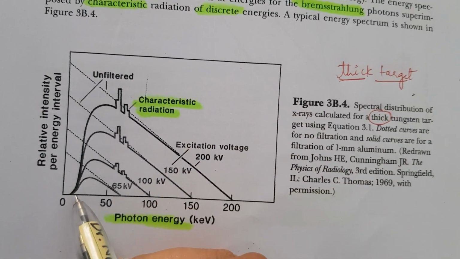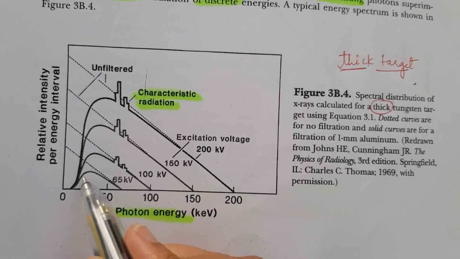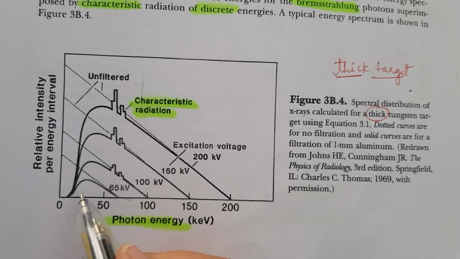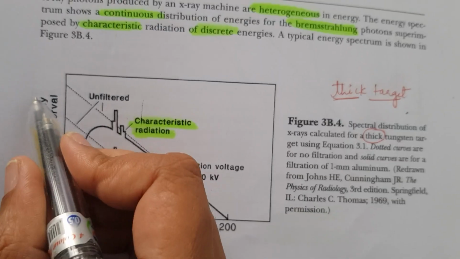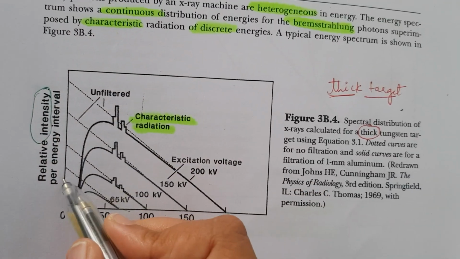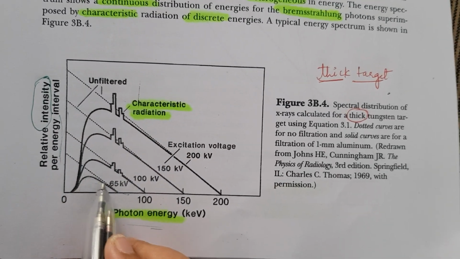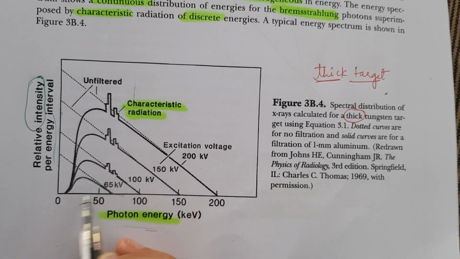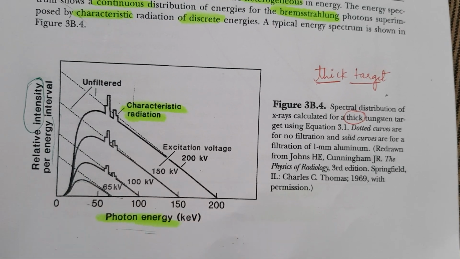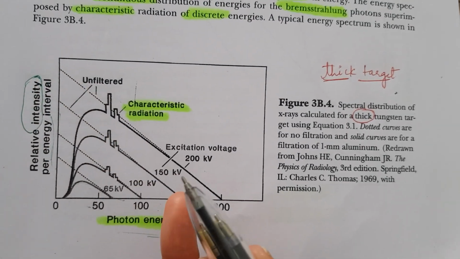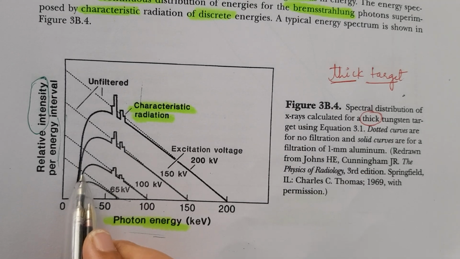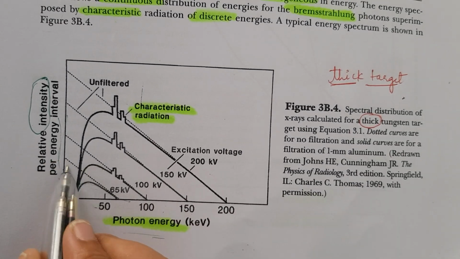For lesser energy, this is the relative intensity produced as per the energy level. This is the photon energy, and this will be the curve for it. Now as you keep increasing the electron energy, the photon energy will also increase, and the intensity is increasing.